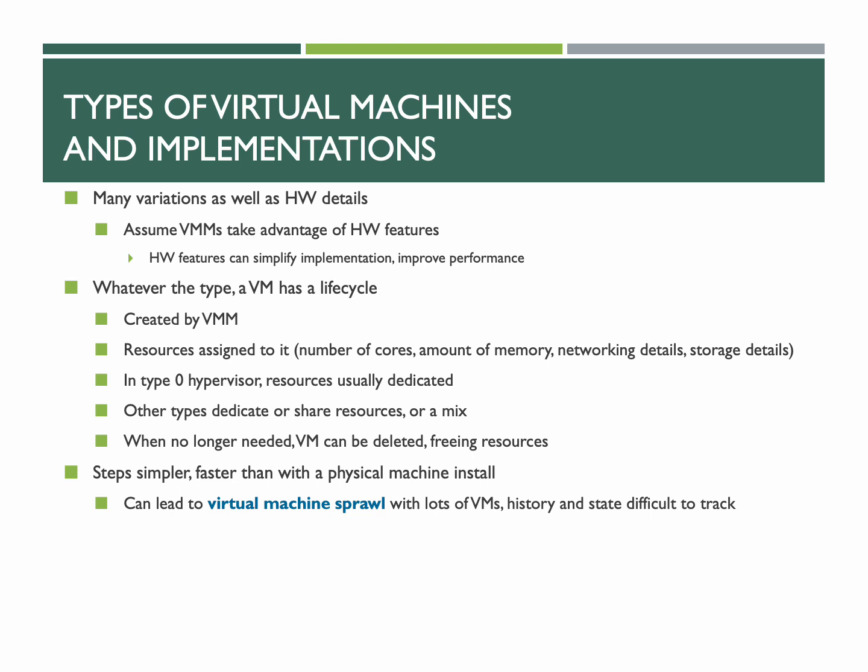These features can significantly improve performance by allowing more direct access to physical resources, reducing overhead and optimizing operations. Now, depending on the virtualization approach, VMs can vary significantly in how they interact with hardware. For example, Type 0 hypervisors provide VMs with dedicated resources, potentially offering better performance but at the cost of flexibility.